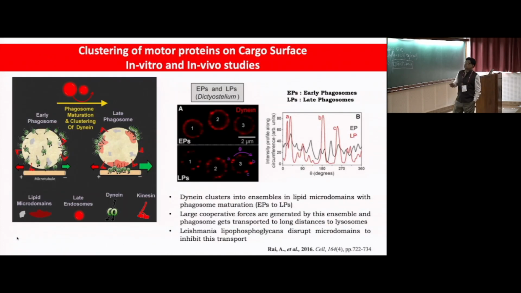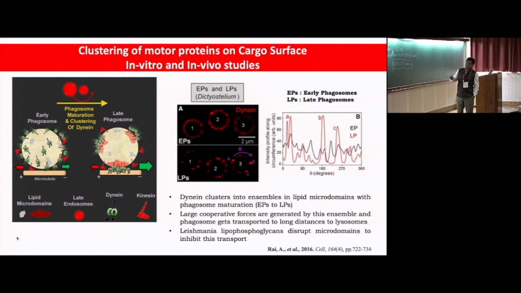And this was motivated by the work of Professor Roop Malik, who is now our own colleague. What they have found is that dynein motor proteins cluster into ensembles on lipid microdomains with phagosome maturation.